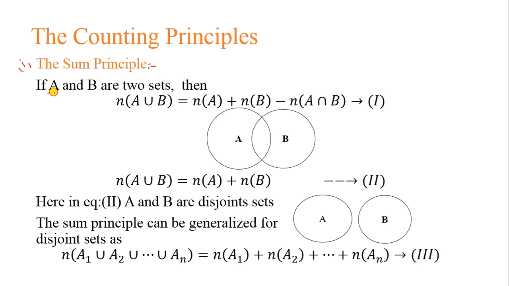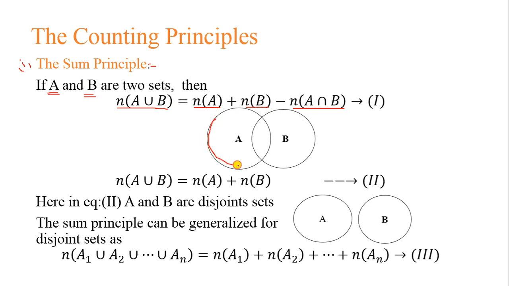It states that if we have two sets A and B, then number of elements in the union of A and B is equal to number of elements in A plus number of elements in B minus number of elements in the intersection of A and B. This sum principle can be seen from this figure, from diagram.